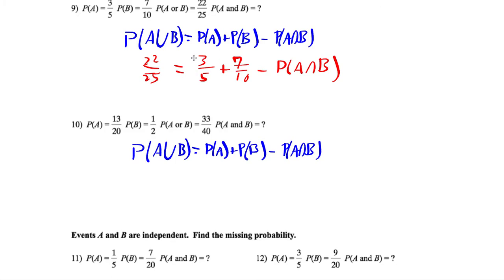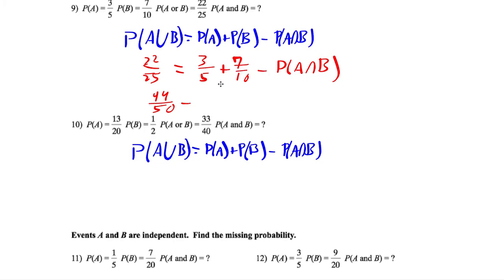So common denominator says that this is 6/10. So we get 13/10, which we're going to need a common denominator for. So this is 22 over 25, which is the same as 44/50. And this over here is going to be 13/10.